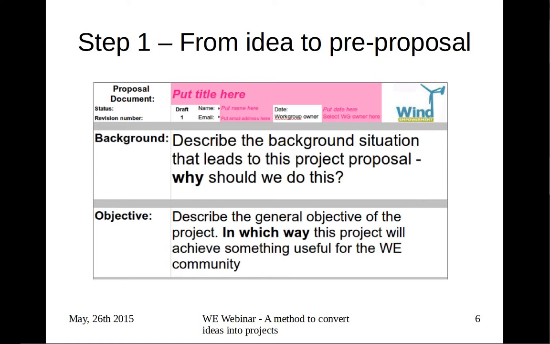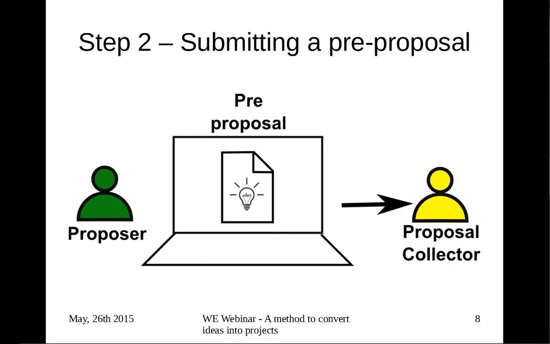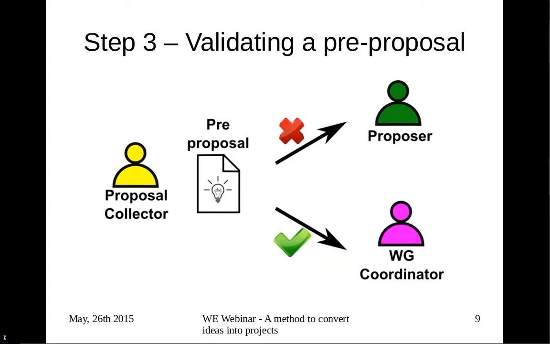Once the person has given us this information, the person sends this pre-proposal to wind empowerment. This is the next step, step 2. The pre-proposal goes to what we call a proposal collector. This person looks at the pre-proposal and checks that the two blocks are written with enough detail to justify somebody else's time.